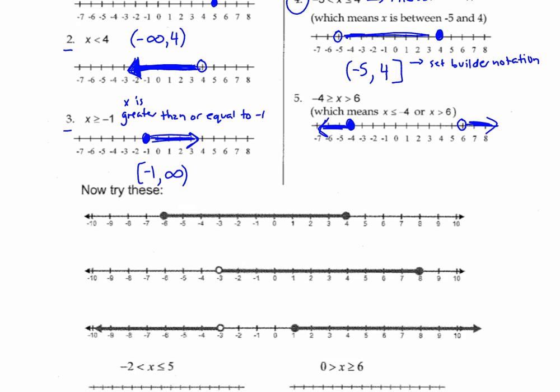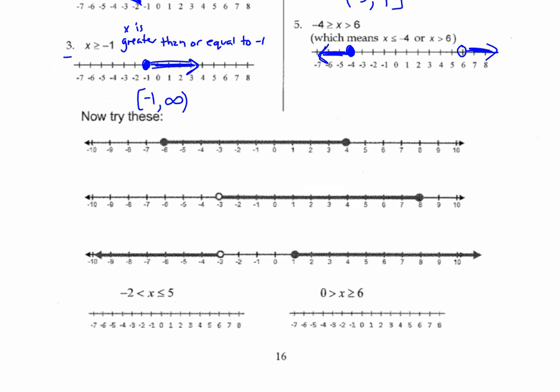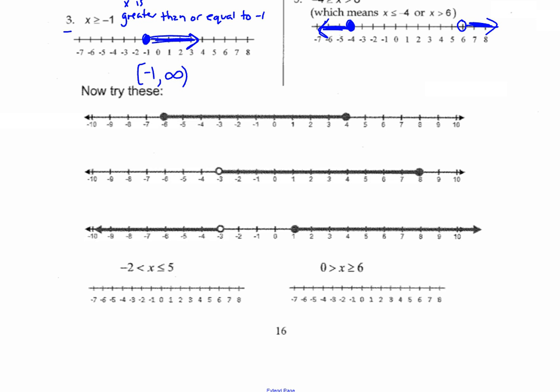Okay, so let's try these. I want you to try to write the inequalities. Now here's a hint. When it's either between two numbers or fanning out in opposite directions, our variable goes in the middle, the smaller number goes on the left, and the larger goes on the right. And then you need to fill in your inequalities. So do one at a time. Cover up this one, fill in the inequalities for x and -6.